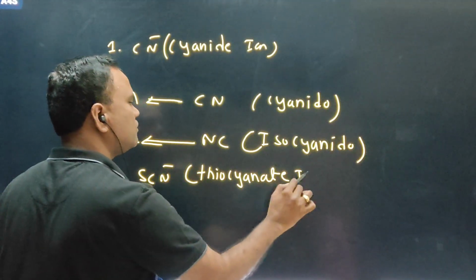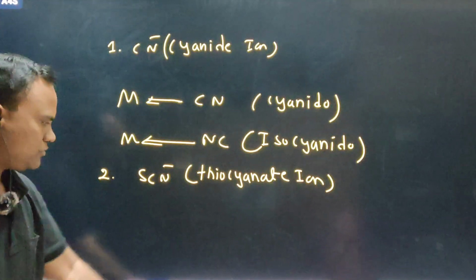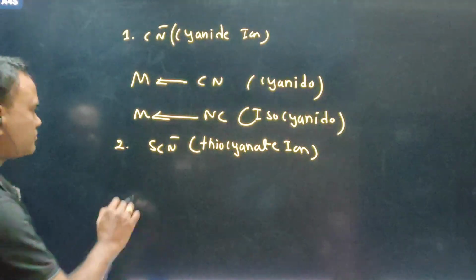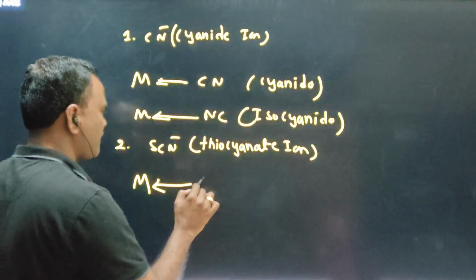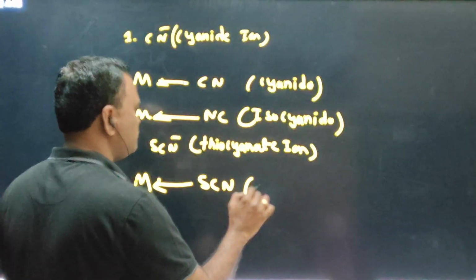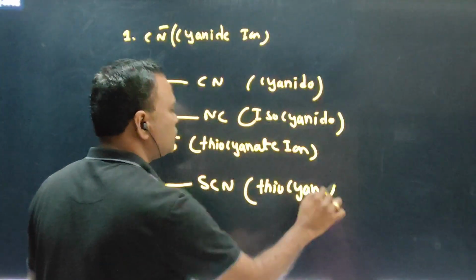Thiocyanate ion. What is the name of this ion? Thiocyanate ion. M is the central metal atom. Thiocyanate.